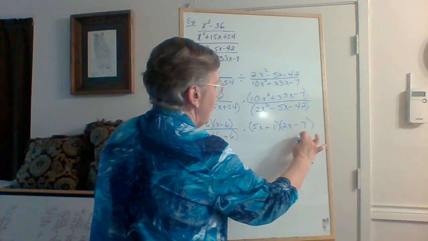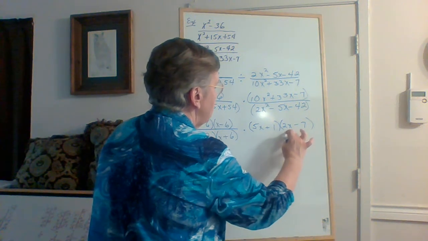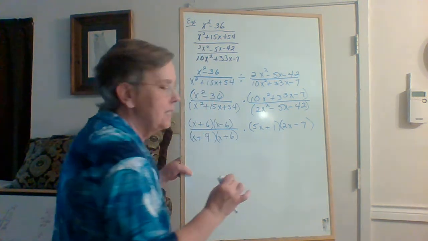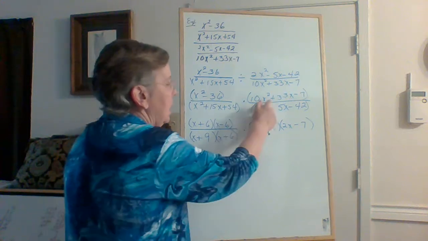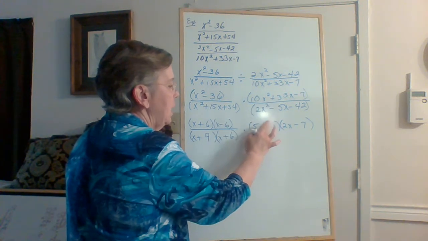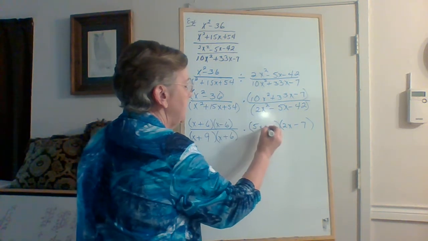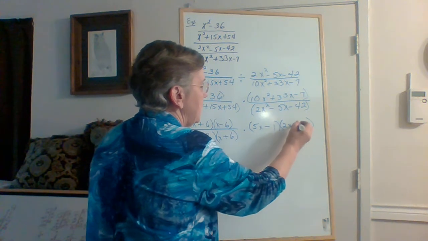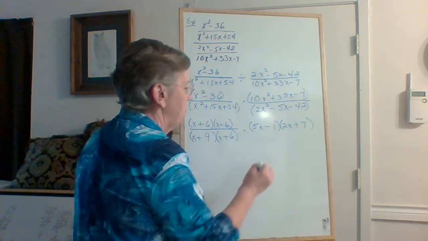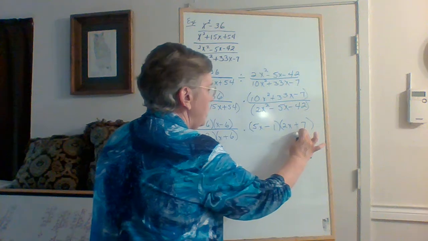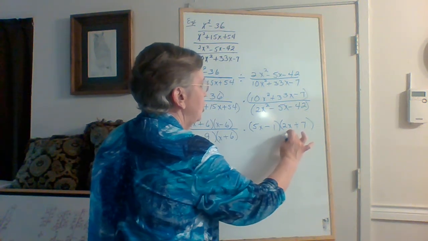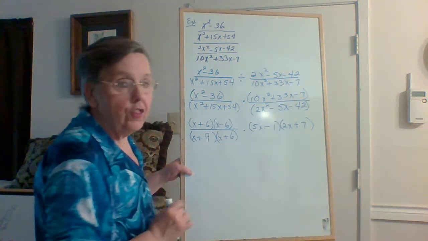Minus 35 plus 2 gives me a minus 33. I want a plus 33. So just change the signs. This becomes minus. This becomes plus. Plus 35 minus 2 is plus 33.